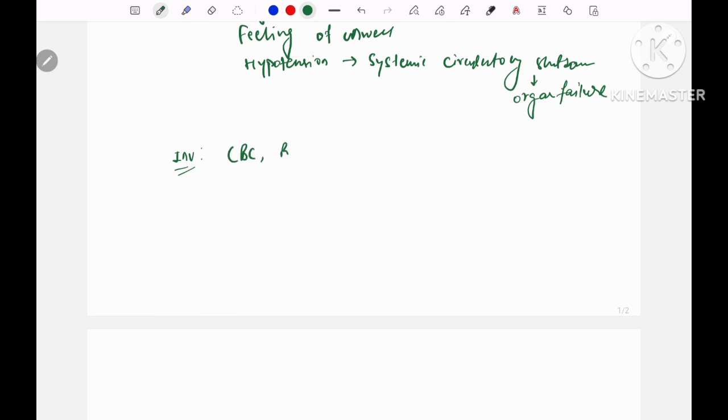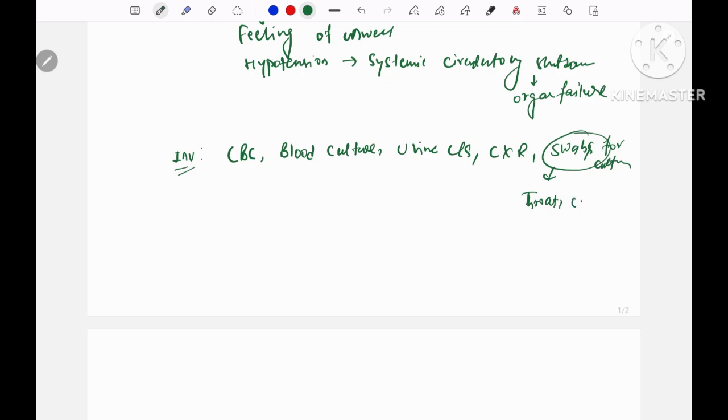We have to send blood culture, urine culture and sensitivity, chest x-ray, and swabs. We send different swabs for culture. These swabs are usually taken from the throat, from any central line, and from any wound, in order to locate the site of the infection.